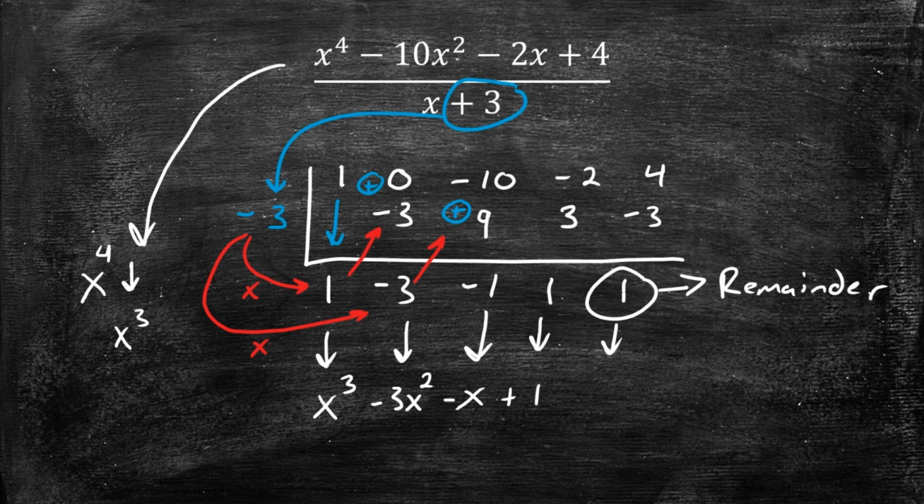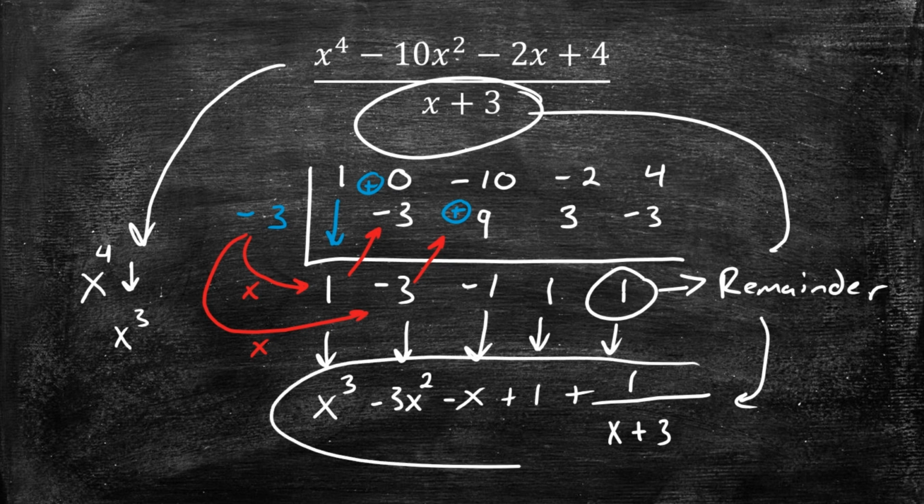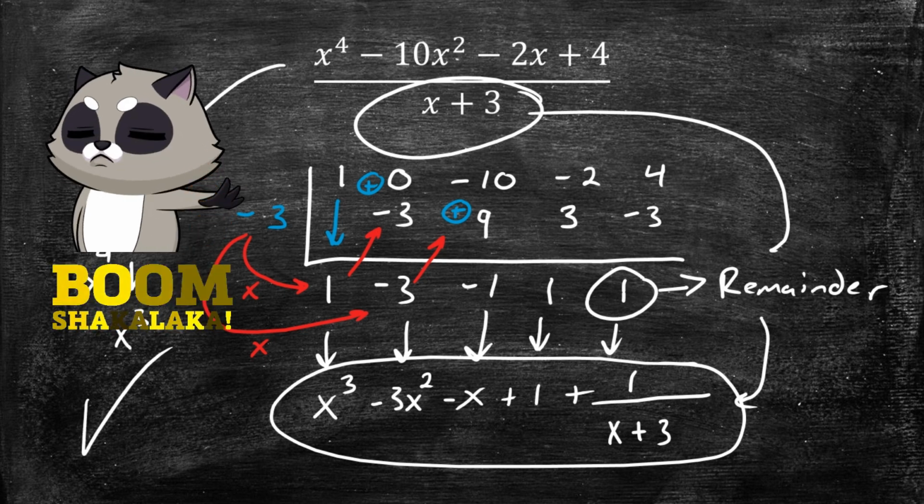And then since we have a remainder here, we have to put plus whatever our remainder is on top. And then our denominator is going to be what we divided by initially, this x plus 3. So that's going to go down here on the bottom. So x plus 3. All right, so that right there is our final answer, and this example is complete.